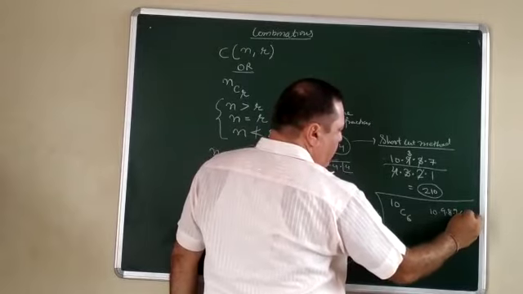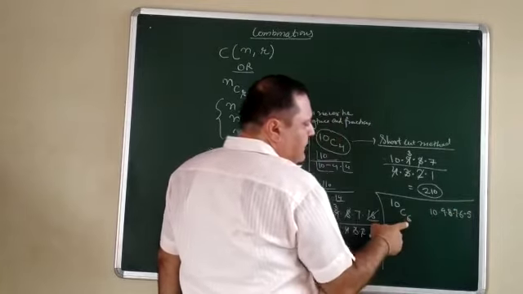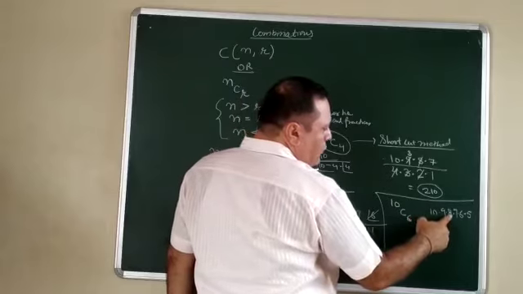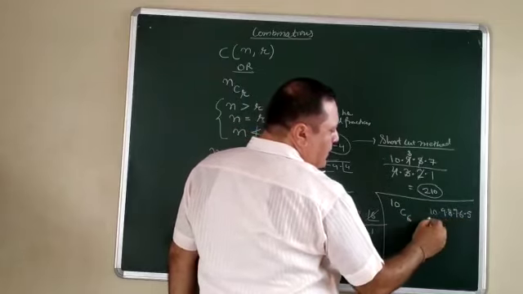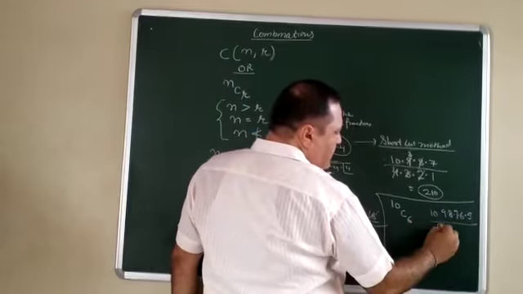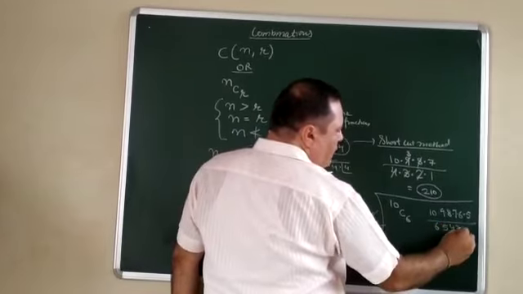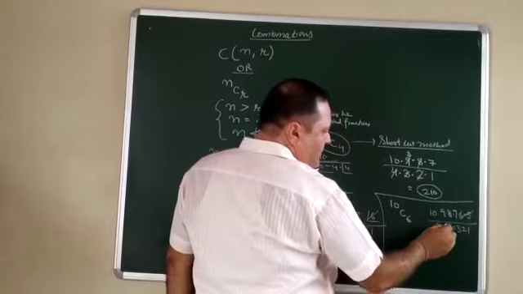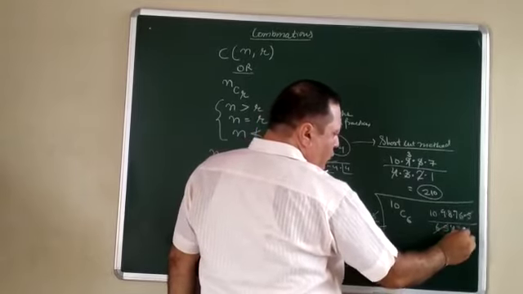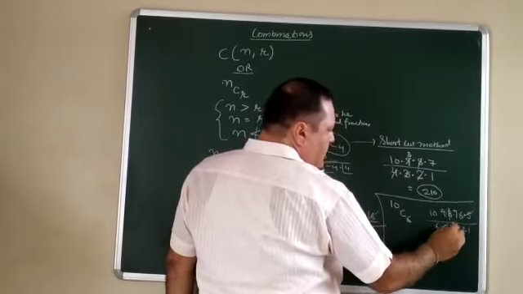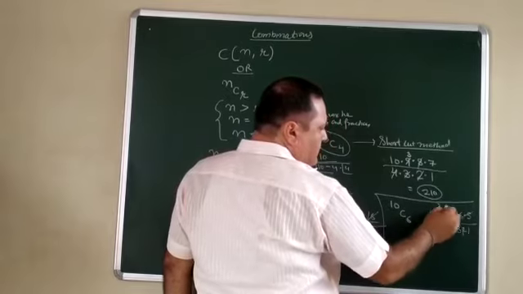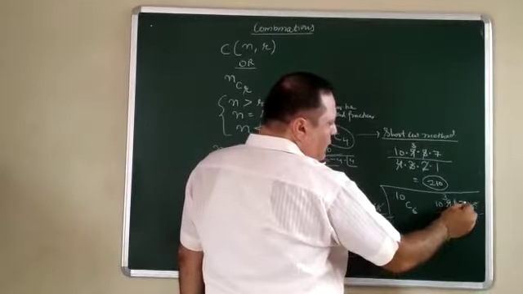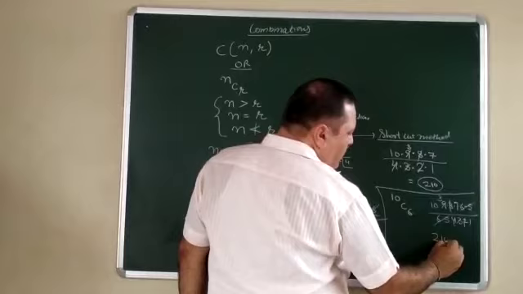See this one, 6 steps should be there: 1, 2, 3, 4, 5 and 6. Now divide by 6, 5, 4, 3, 2, 1. It means simplify: 6 and 5 get cancelled, 4 twos are 8 gets cancelled, 3 threes are 9 gets cancelled, 7 threes are 21 and 10, that is 210.